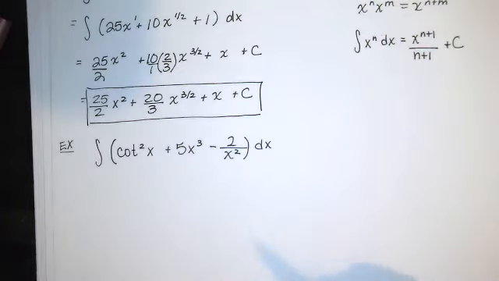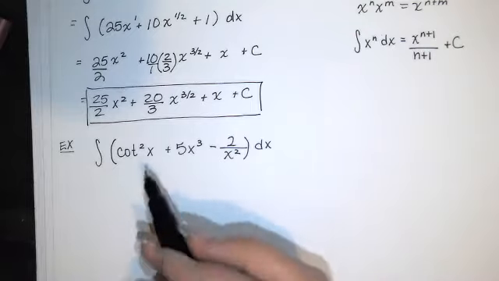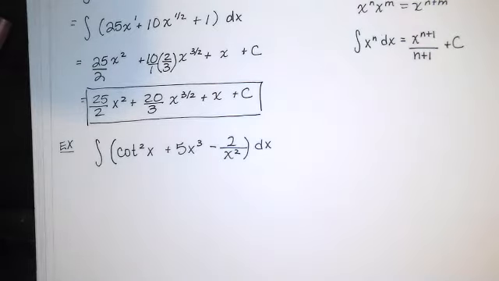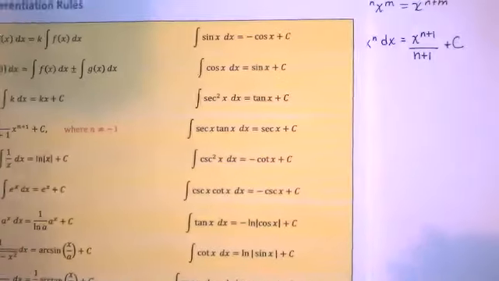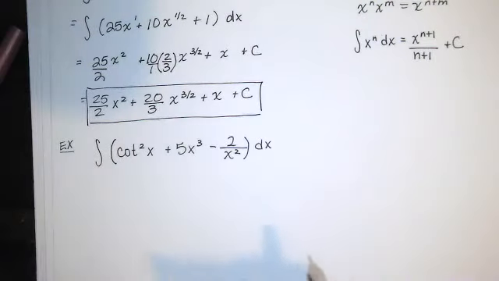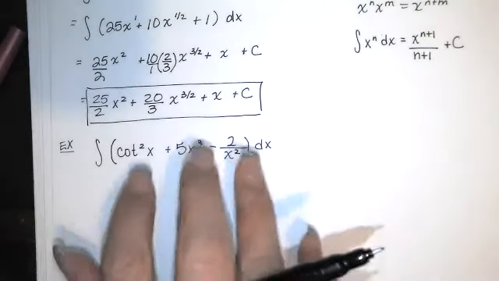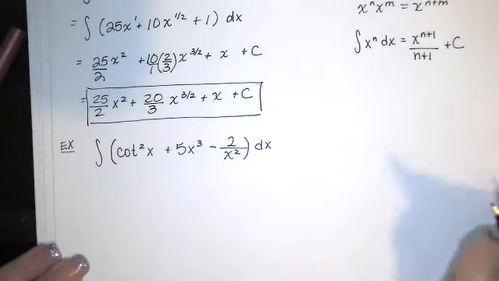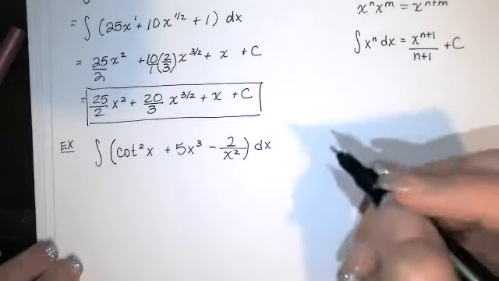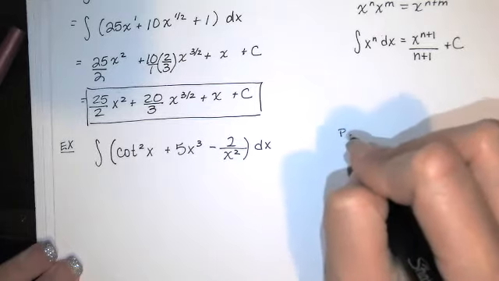So if I recall that rule and I use that rule here, I can write this in a form so that my basic rules apply. That's the whole idea. I want to take the antiderivative, so I just apply these rules. It's pretty simple. If the rules don't apply, I've got to do a little bit of algebra to make it so that the rules do apply. So we're doing algebra, but it's algebra that requires trig identities in this case.